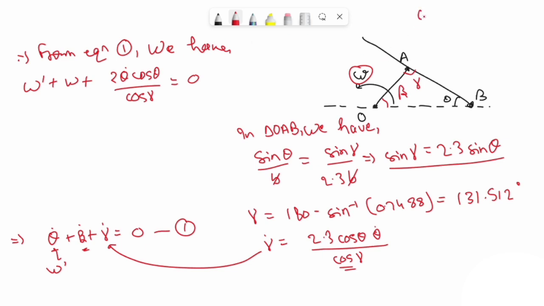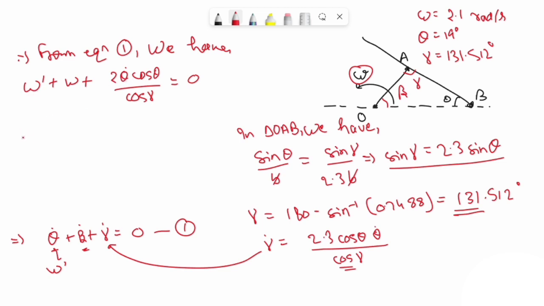Let me write this data here. Omega is 2.1 meter, sorry, radian per second. Theta is 19 degree, already told you. And we have found this gamma here, 131.512 degrees. Okay, and let us put here, and theta dot is omega dash.